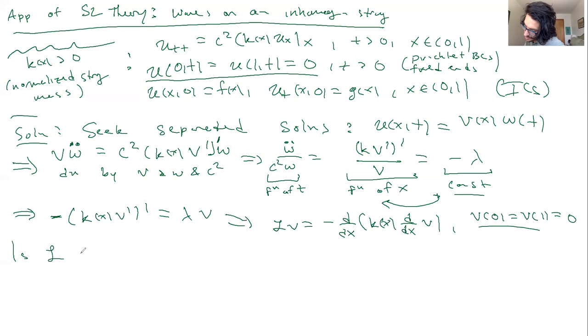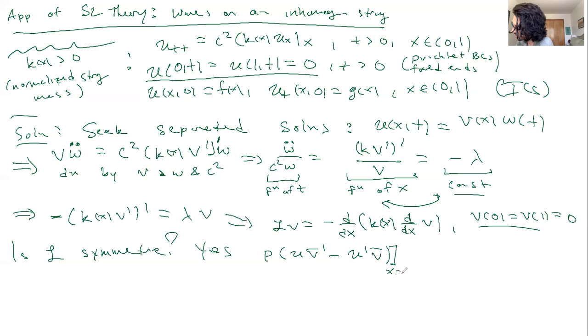Well, is L symmetric? Yes. And in order to show that, we can just apply our boundary conditions at the boundaries, x equals 0 and x equals 1. If we apply Dirichlet boundaries, v equals 0 and u equals 0 at the boundaries, then we get 0, right?